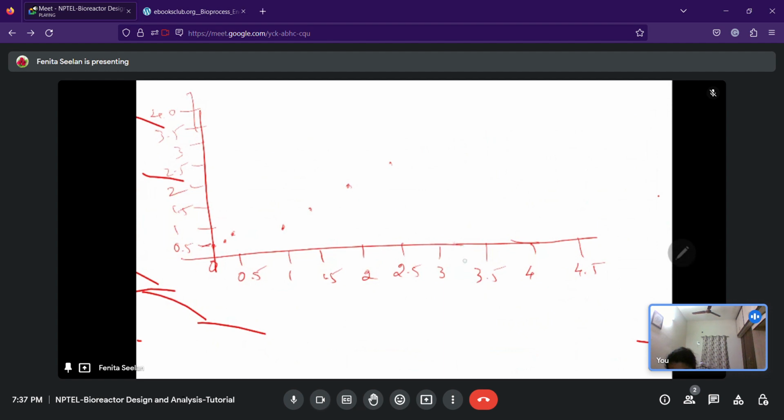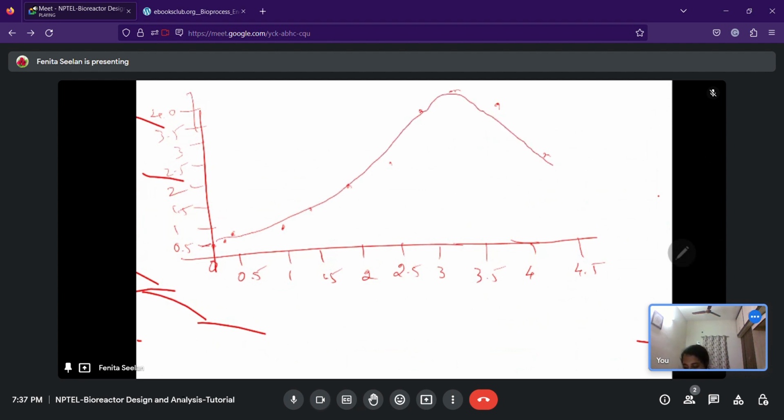For 3 it is 3.55, it is increasing a lot. For 3.5 it is 4, the maximum. For 4 it is coming down, and for 4.5 it is 2. So it is like an S, right?